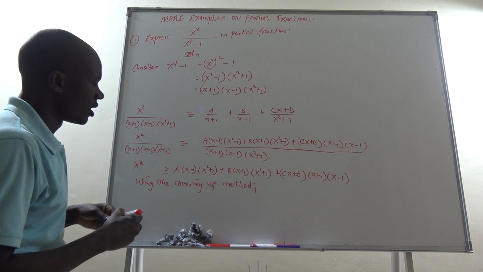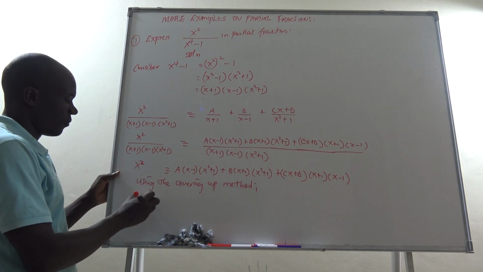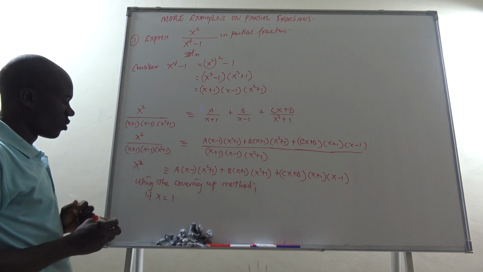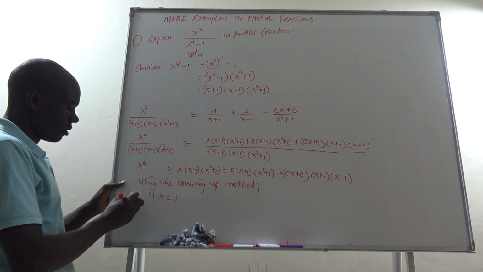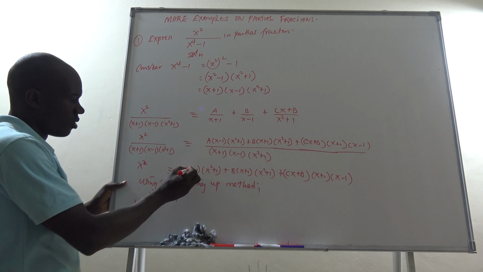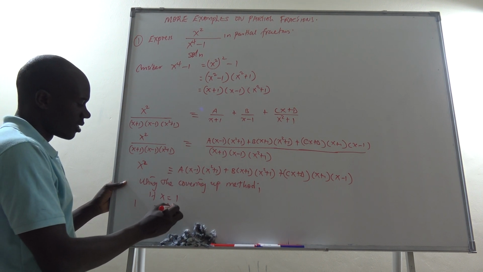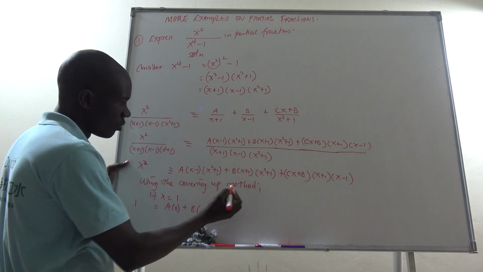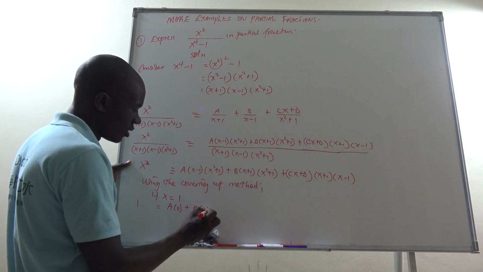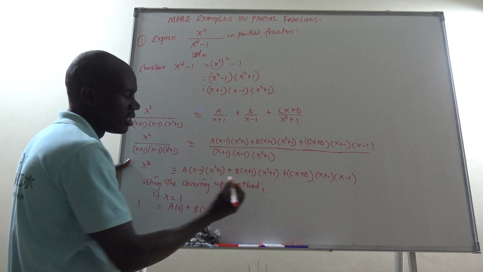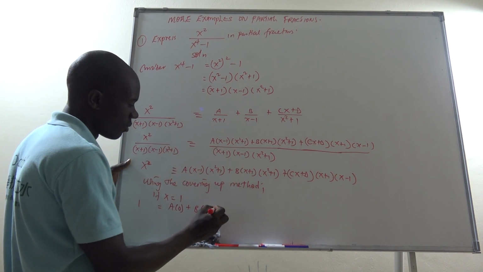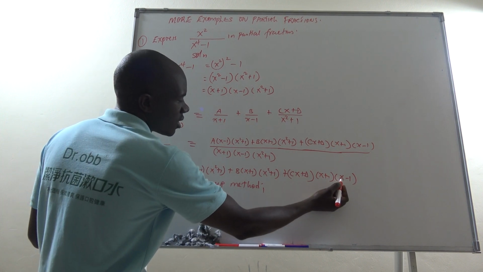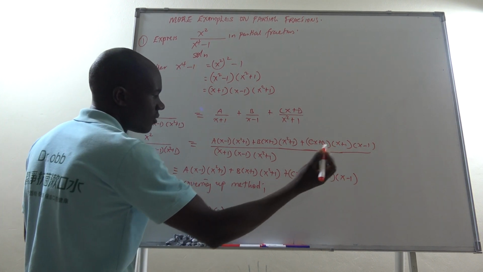When using it, we start by saying if x equals 1, we substitute in. We have 1 squared, which is 1, equals a times 0 plus b into 1 plus 1, which is 2, into 1 squared plus 1, which is 2, plus the last term where x minus 1 is 0, which eliminates everything there.